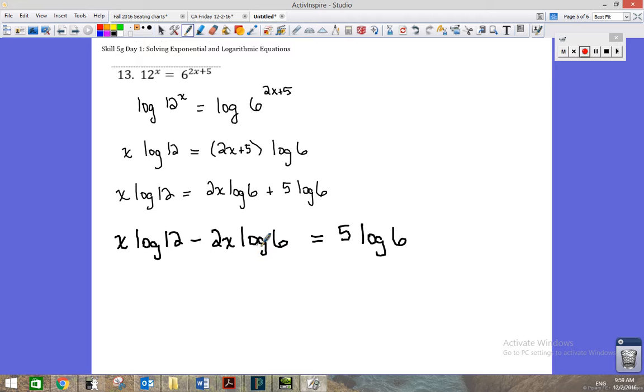So now both of these terms have the variable of interest, so I'm going to factor out that common variable. I see my x right here and I see an x there, so this binomial still remains a binomial, but in the first factor I just have log of 12. I have pulled that factor of x out in front by the distributive property.